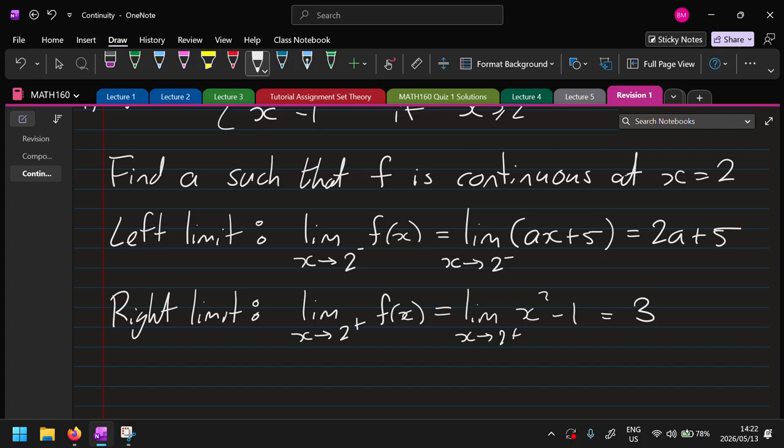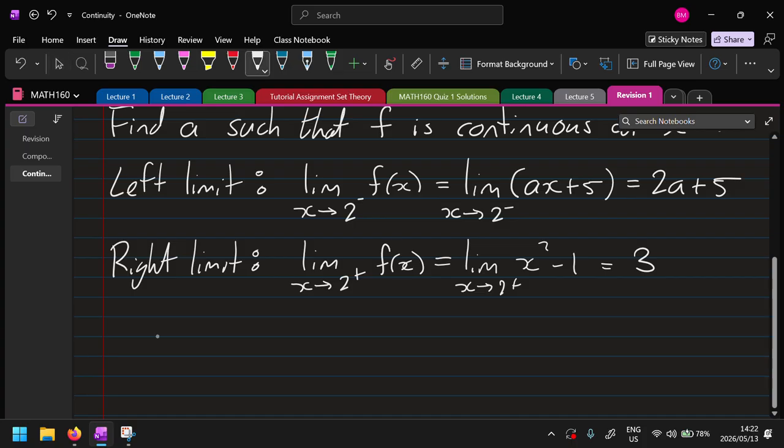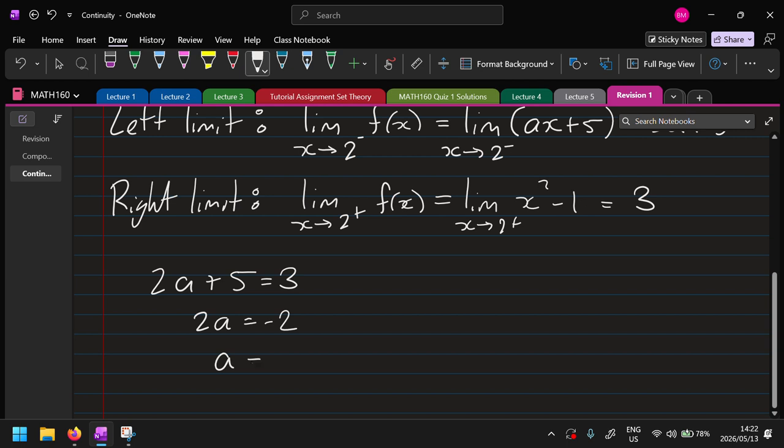Okay, now we want this to be continuous, so these better match up. So we get a single answer. So that will be our value of A. So if a is -1, it will be continuous.